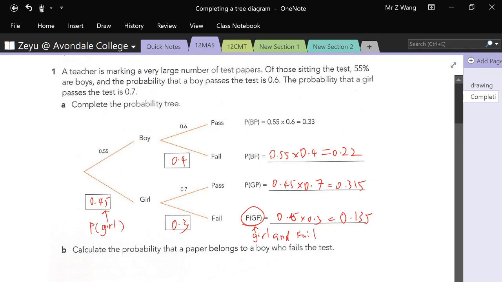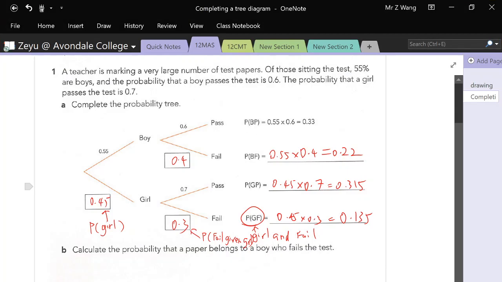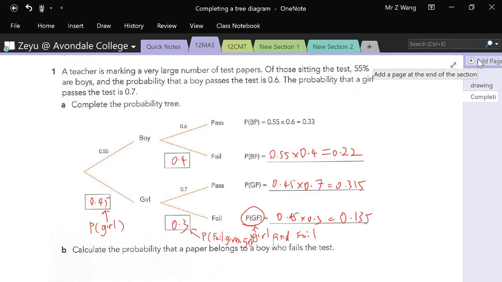Then the question is, what is this probability? A girl failing? Yes, but let me change it to math for you. This is the probability of fail given it's a girl. So what it actually means is that the actual percentage of girls failing would be 0.1. Is that what you're trying to say?